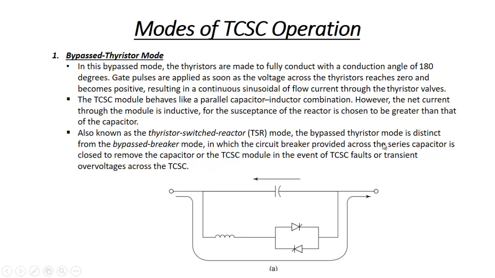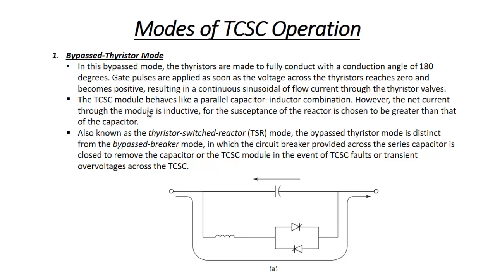The bypass thyristor mode is distinct from the bypass breaker mode, because in the bypass breaker mode, the circuit breaker that we have just discussed, provided across a series capacitor, is closed to remove the capacitor or TCSC module in the event of a TCSC fault or transient overvoltage across the TCSC. This sentence actually tries to differentiate the bypass breaker mode and the thyristor switch reactor mode.